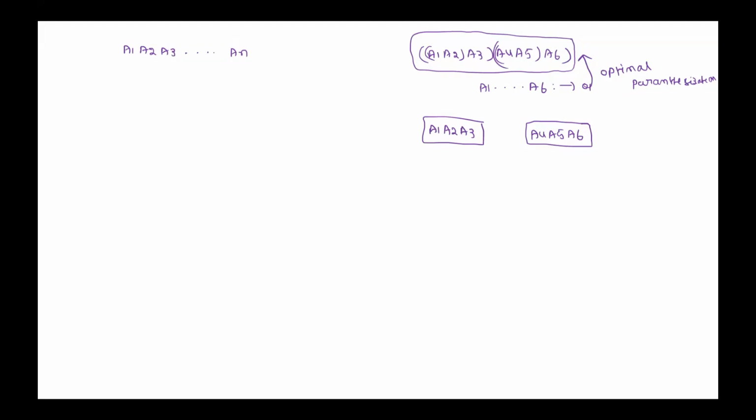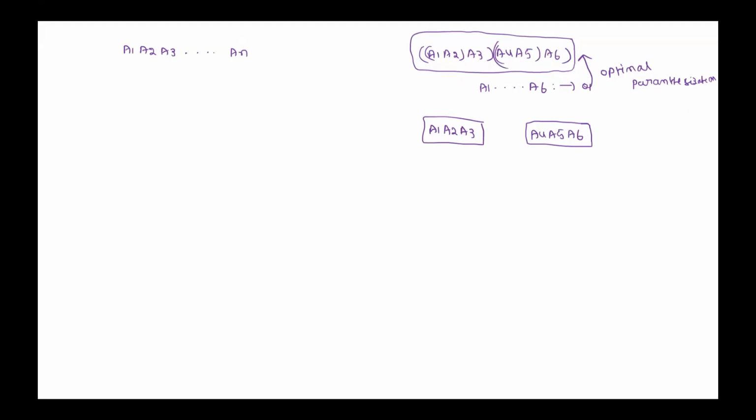Is the question clear? See, we are given a chain of 6 matrices, A1 to A6. Whatever is shown, that is the optimal way of parenthesizing and multiplying, using the minimum number of multiplications. Now that is the optimal way of finding the product A1 to A6.